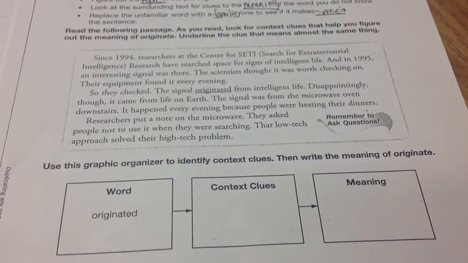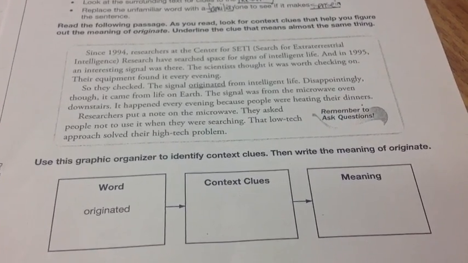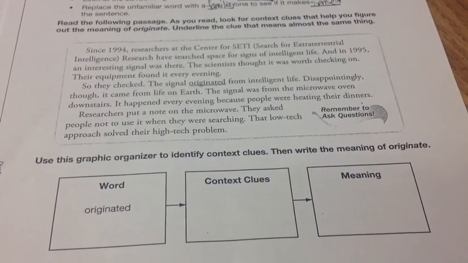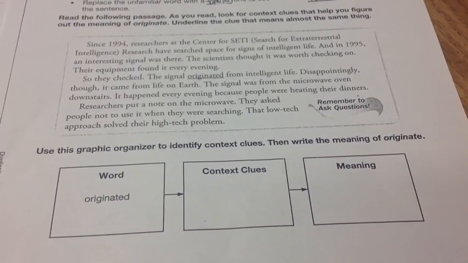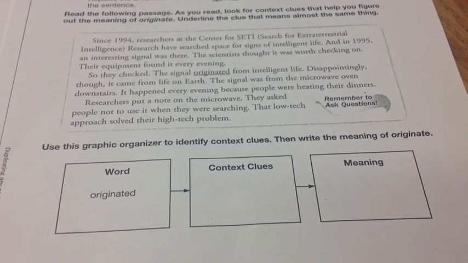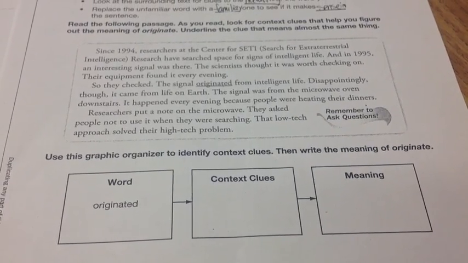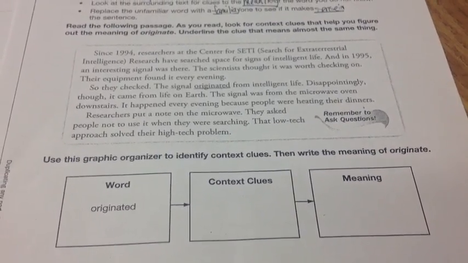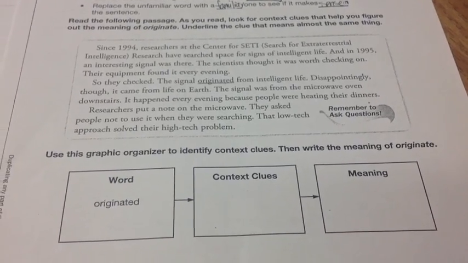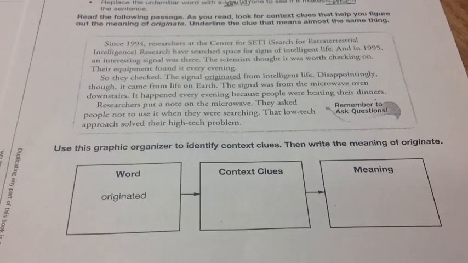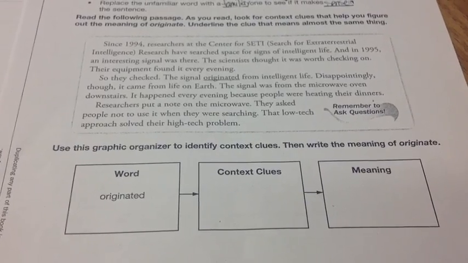The signal originated from intelligent life. Disappointingly, though, it came from life on Earth. The signal was from the microwave oven downstairs. It happened every evening because people were heating their dinners. Researchers put a note on the microwave. They asked people not to use it when they were searching. That low-tech approach solved their high-tech problem.